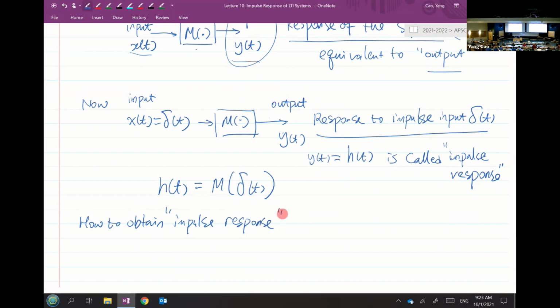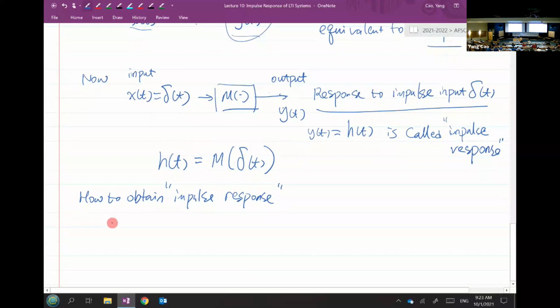Because I'm going to show you that this is a very important response. The impulse response is very important. We really like to have it, and you'll see why. But of course, the question is, how do I obtain this impulse response? There are two different ways to obtain the impulse response. The first way is the theoretical approach, or mathematical approach.